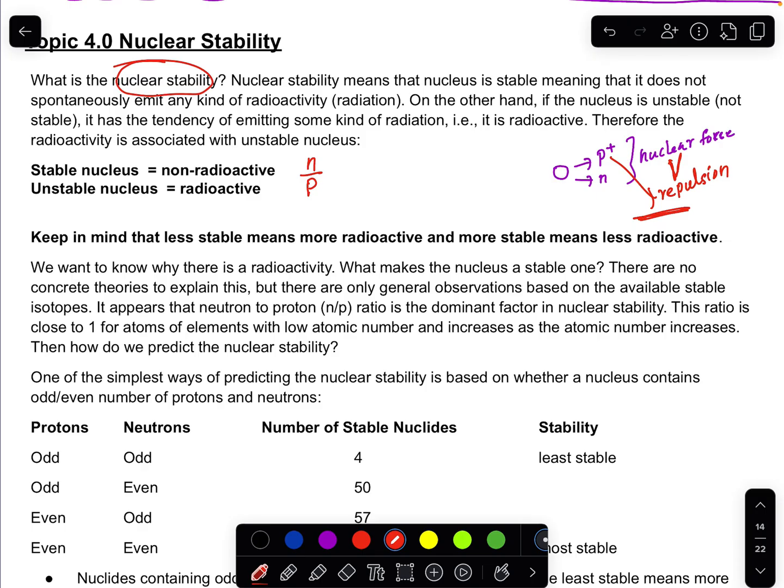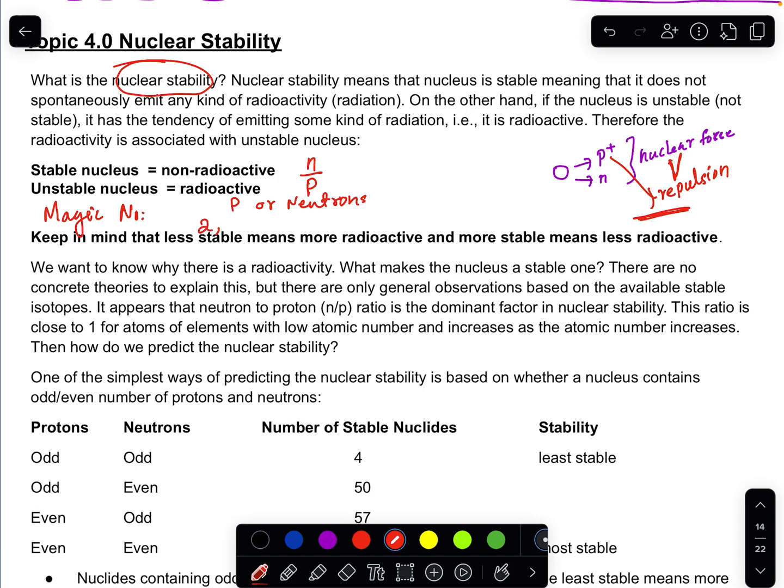We can easily identify a stable nucleus by looking at some magic numbers. I'm going to give you the magic numbers. If your protons or neutrons have one of these numbers, they will be highly stable.